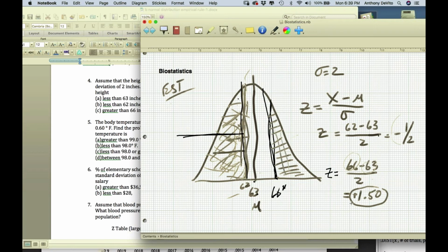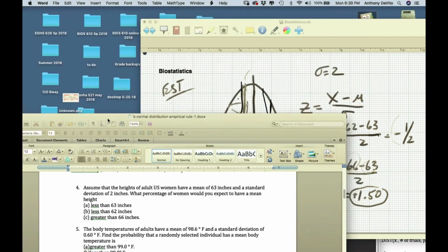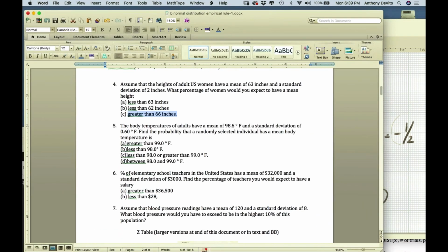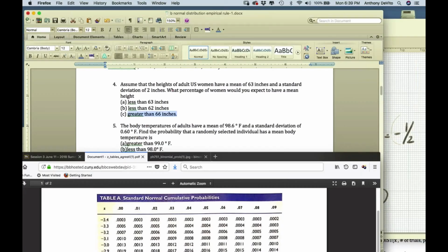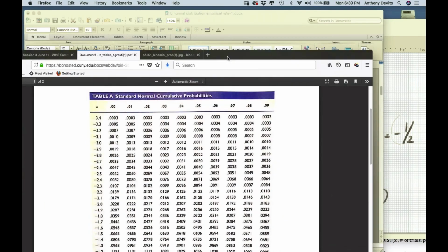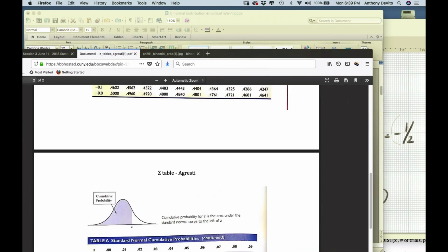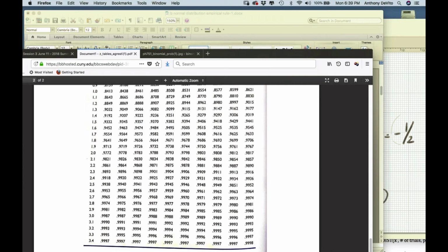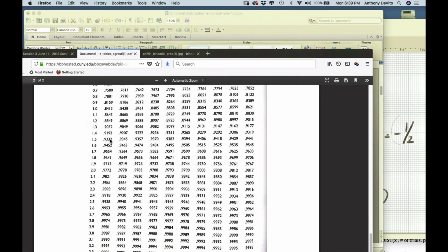So the z-score is going to be 1.5. So let's go back to our z-table. If I can find it again. The only problem with using a small screen laptop. Okay, positive 1.5. 1.50, that's going to represent an area of 93.32%. So I'm going to go back here.